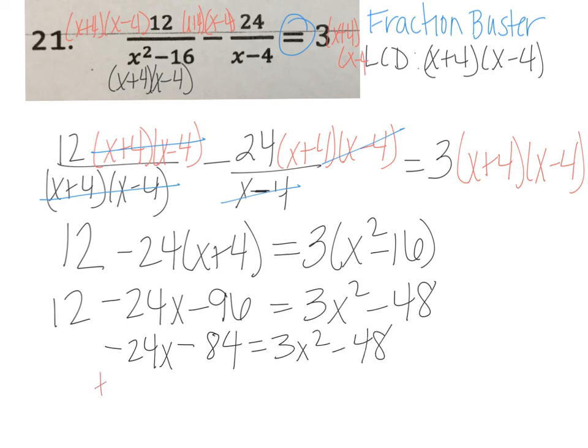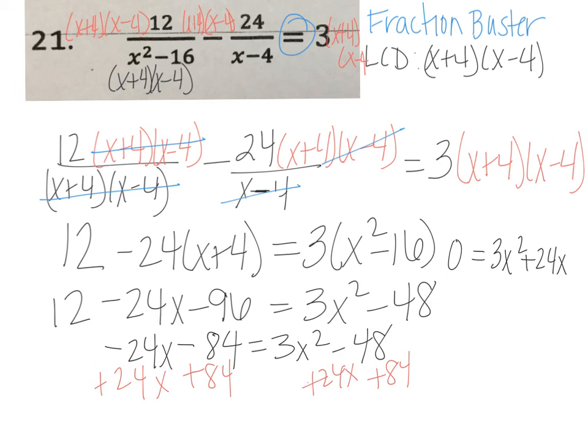We're going to add 24x and add 84. And I'm left with here 0 equals 3x squared plus 24x, and 84 minus 48 is 36, so plus 36.